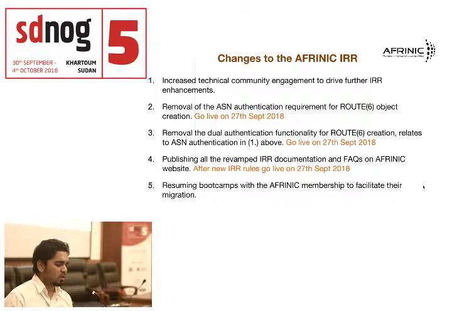These are some of the planned changes, and some of them were completed already when we did the last update on the routing registry. Mainly, what we are trying to do now is to engage the community and resume bootcamps where we contact members who do not have a route object and explain how to do it and what method to use.